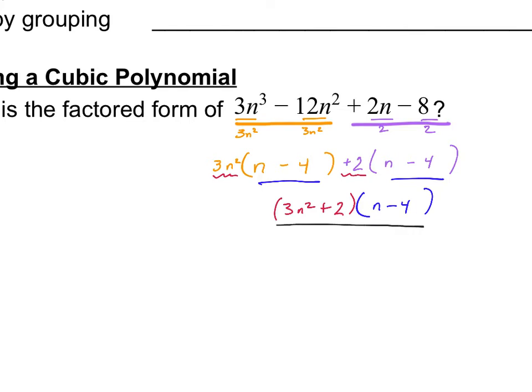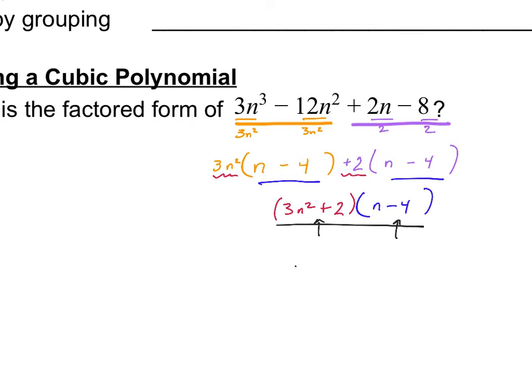One thing you want to do when you look at this, though: clearly n minus 4 is a prime factor, but because I have n squared in my other factor, you want to make sure that it's prime. Looking at it, I don't have anything in common that I can further break down.